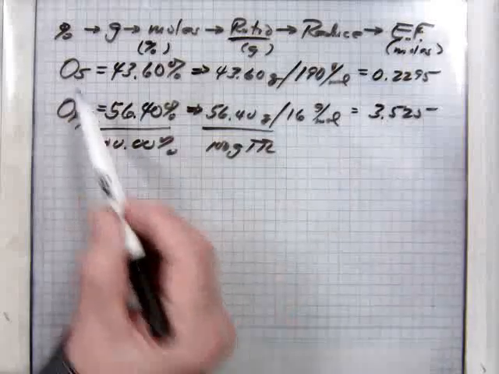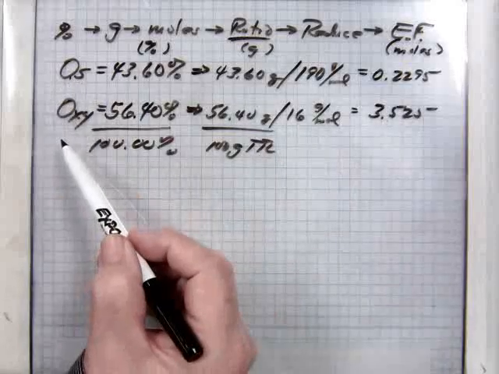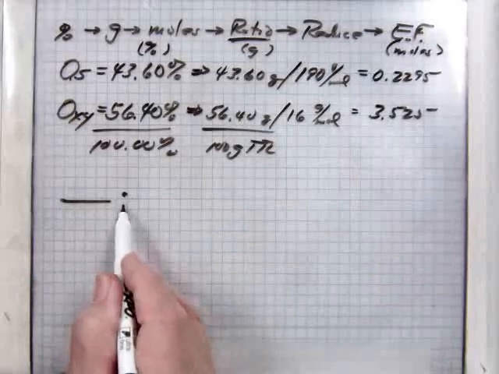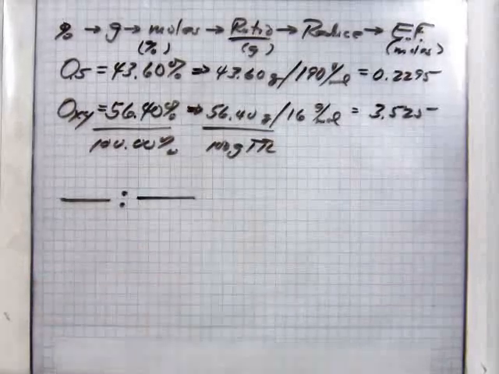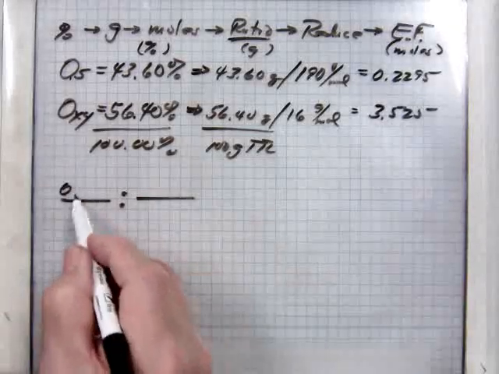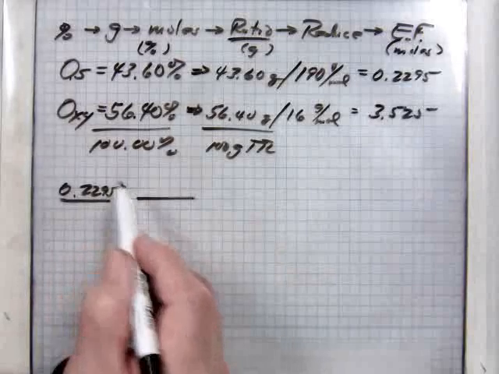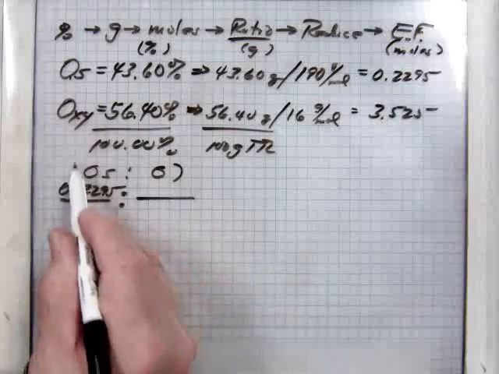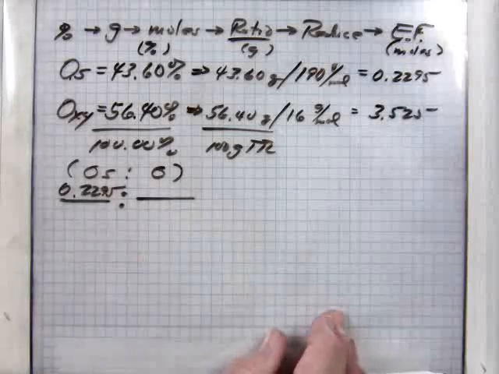Now the next step is the ratio. Now this is a two-component compound. So what I suggest to people is put a line, a colon, and a line, because it's two components. On the top, you put your mole values. 0.2295 for the osmium. This is osmium oxide ratio is what we're working toward.